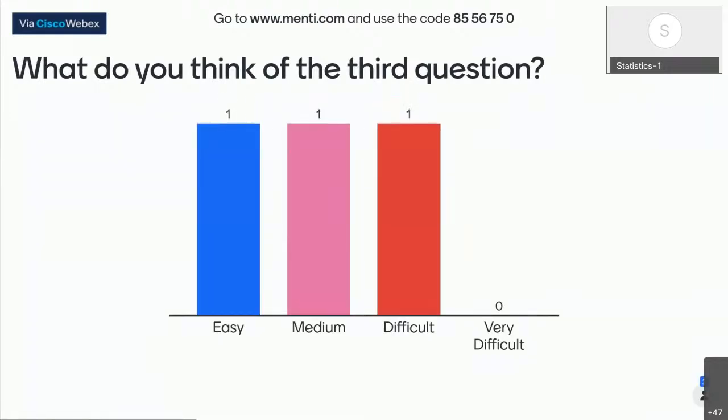Difficult, medium, easy. Others can also please give your responses here about this third question, and then we'll move on to the solution.